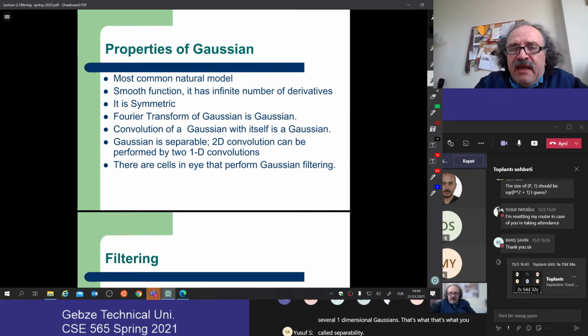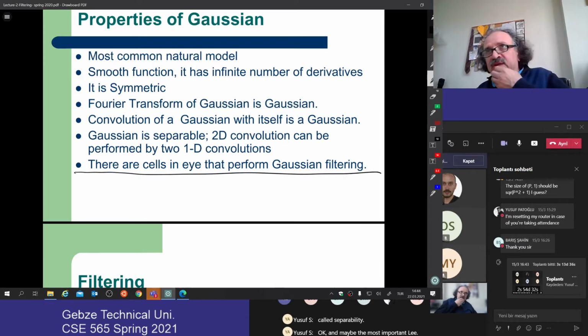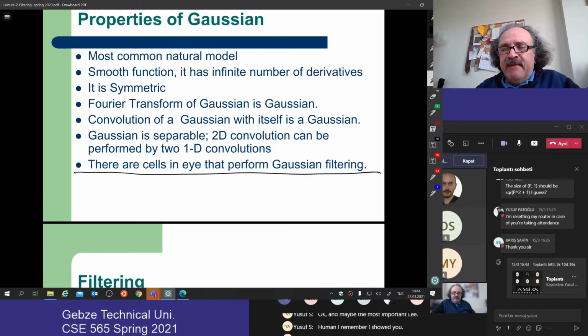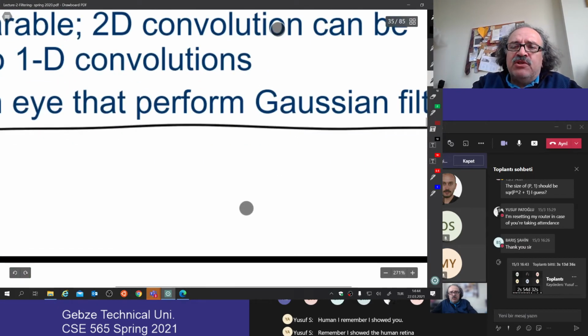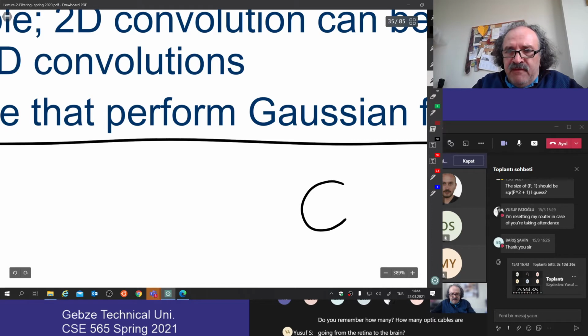Okay, and maybe the most importantly, human eye. Remember I showed you the human retina. Do you remember how many optic cables are going from the retina to the brain? We have our eye here. This is the lens, and this is the retina.